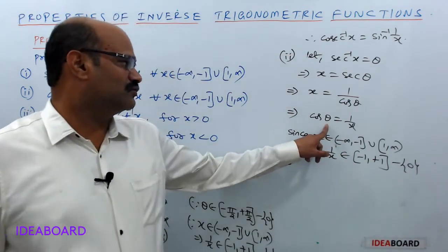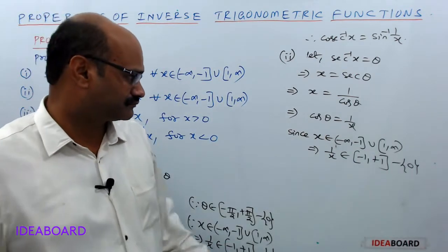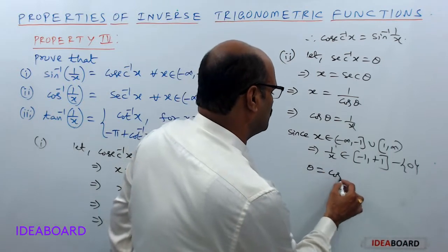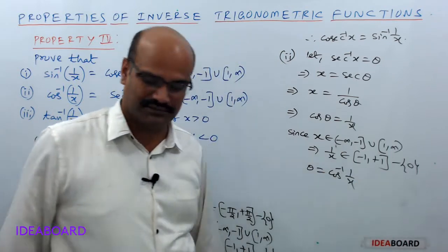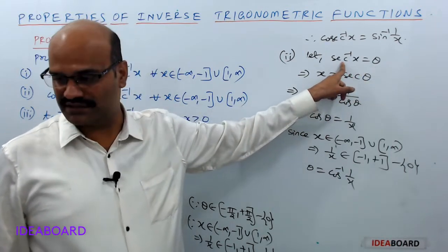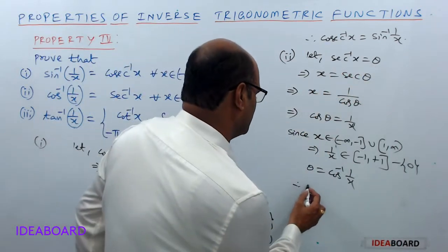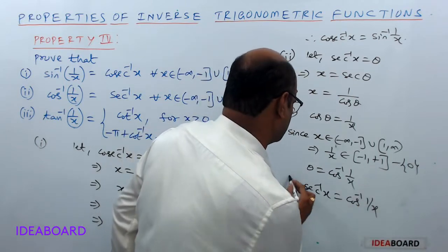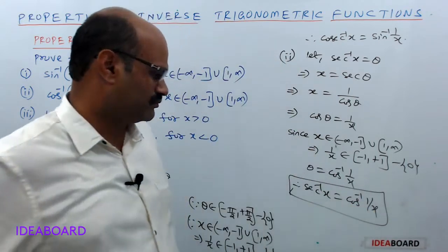Now theta belongs to 0 to pi here. Therefore, now we can write theta equals cos inverse of 1 by x. But theta equals secant inverse x. Therefore, secant inverse x equals cos inverse of 1 by x. Hence proved.